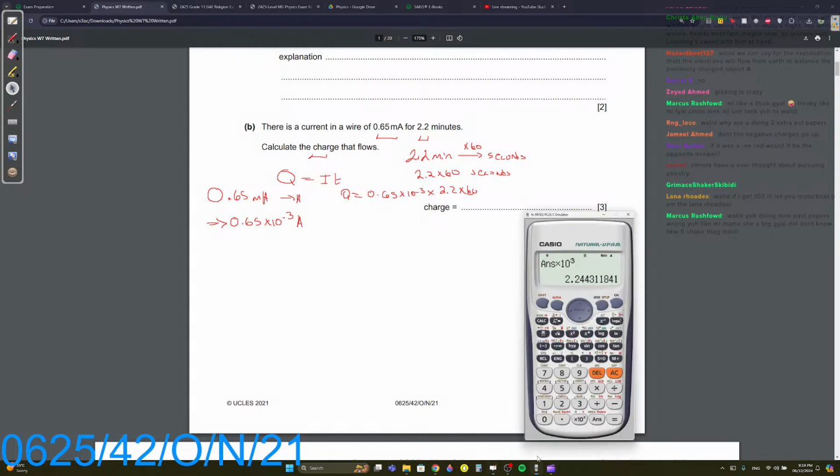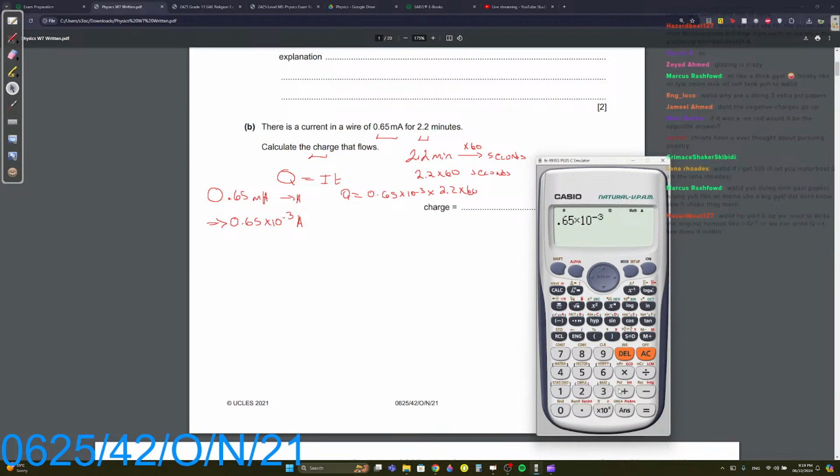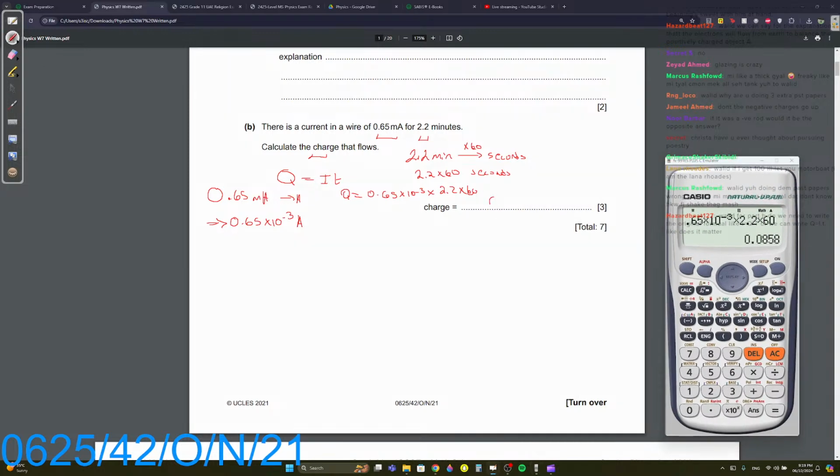Let's open up our calculator. 0.65 times 10 to the power of minus 3 times 2.2 times 60. You're going to get 0.0858. And you must put the unit of charge, which is Coulomb, right?